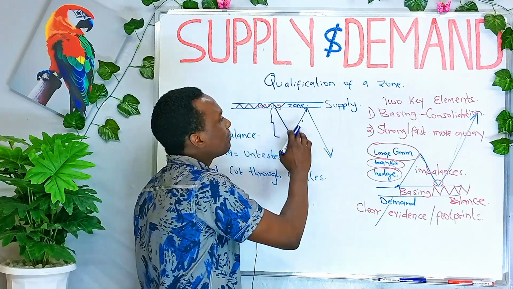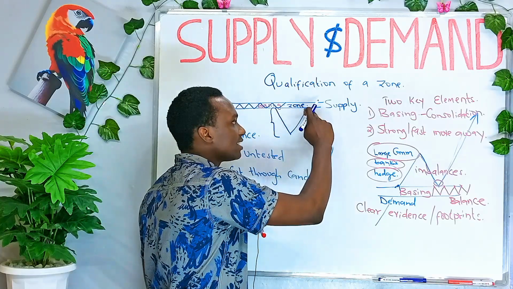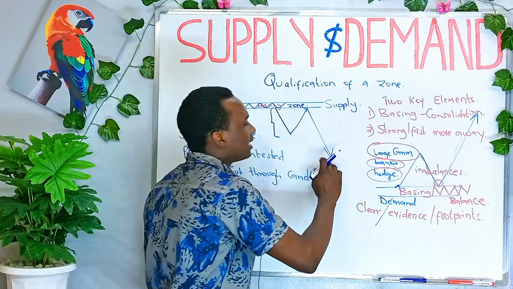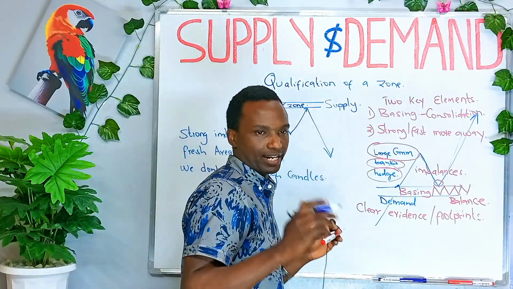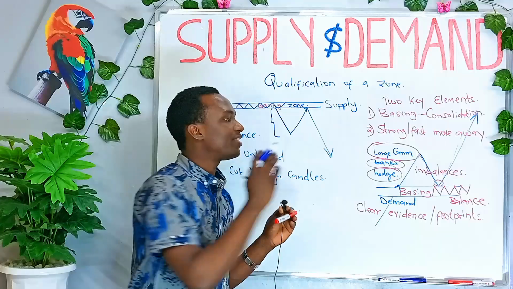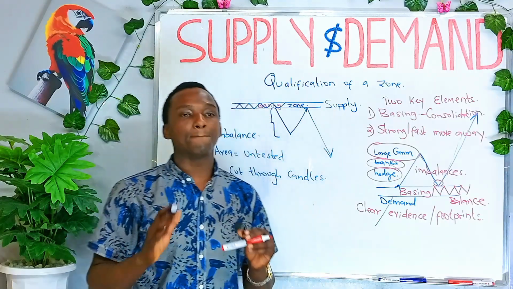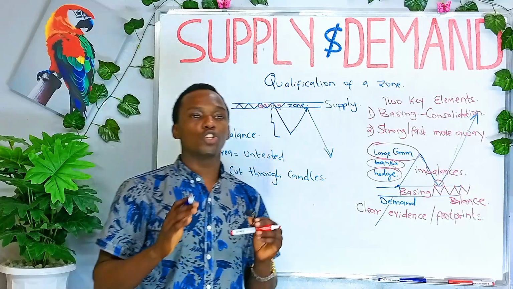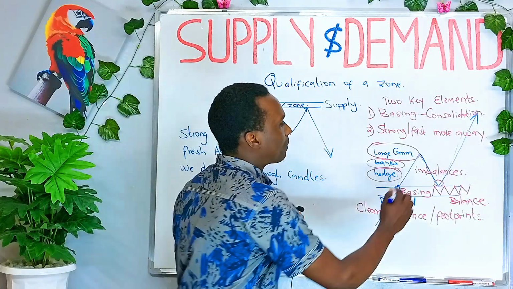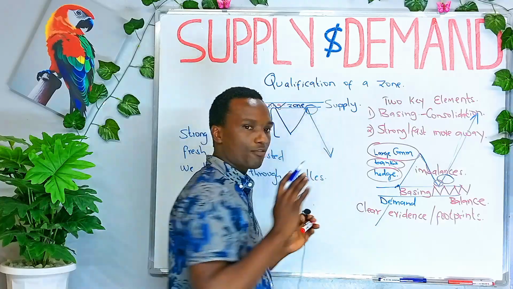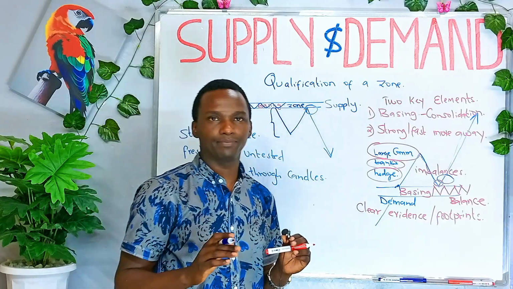Okay, and the price will come here to retest this zone, and the price will continue in the desired direction, which was a downtrend. So this is the footprint left on the charts by the large players, showing where the big players took control of the markets. Okay, good.